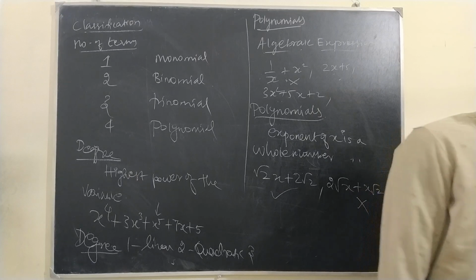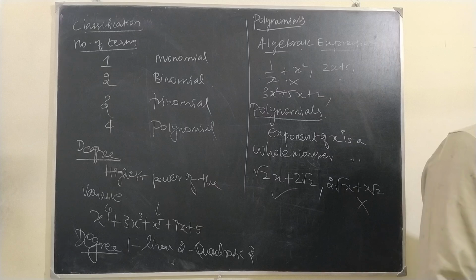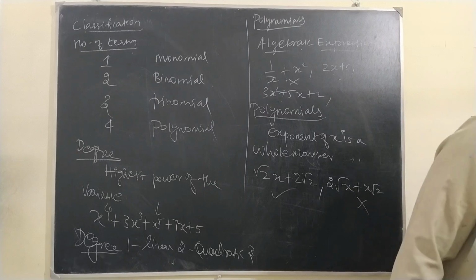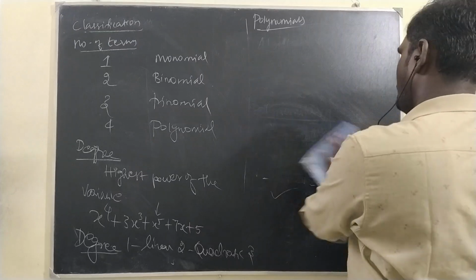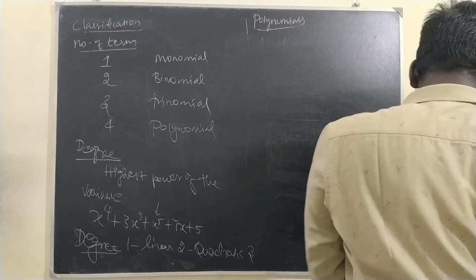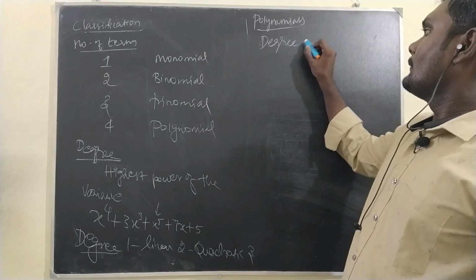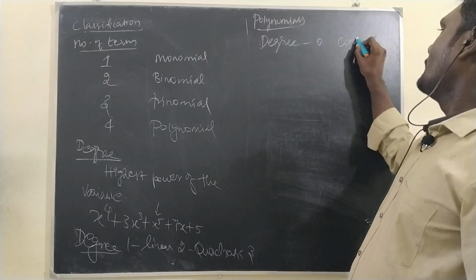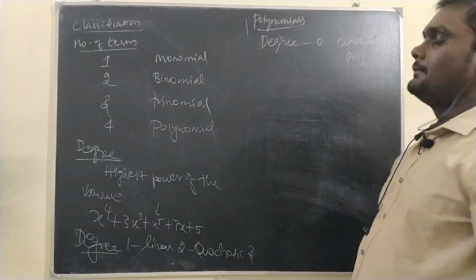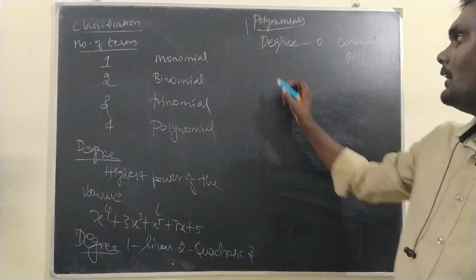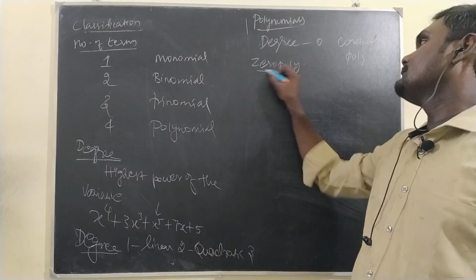Okay, and then the constant polynomial, zero polynomial, those kinds of classifications. If the degree of the polynomial is 0, that polynomial is called a constant polynomial. Okay, and there is another kind of polynomial, the zero polynomial.